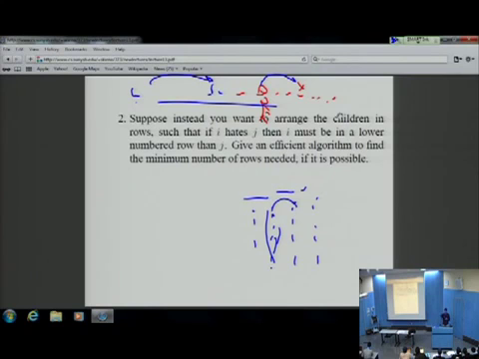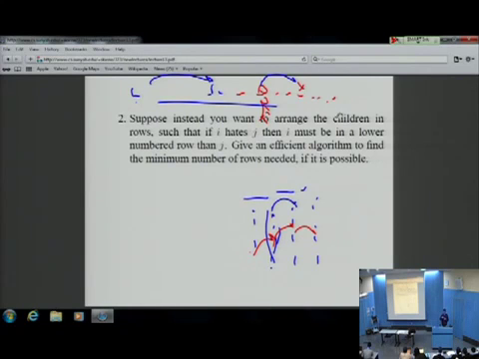If we keep a count of the maximum depth that we reach from the first node and perform a depth first search, each iteration would give you a different row. Okay, what I think you're saying is, if I hate you, and you hate somebody else, and you hate somebody else, if there's a chain of hatreds like this, we have no choice but to use at least that many rows.